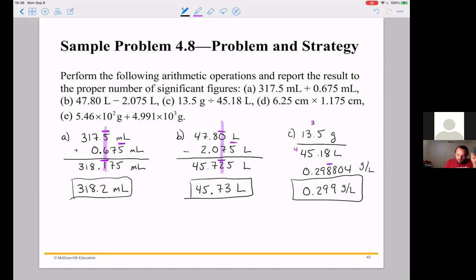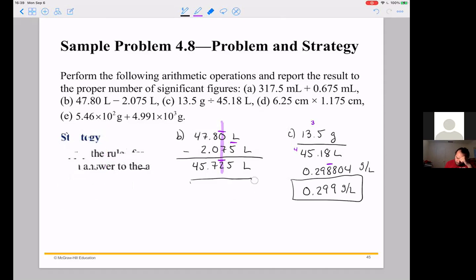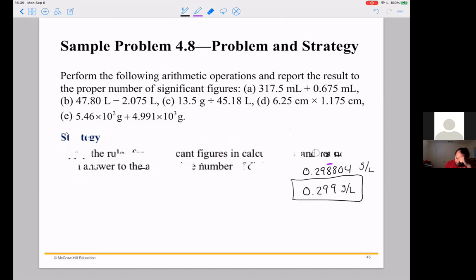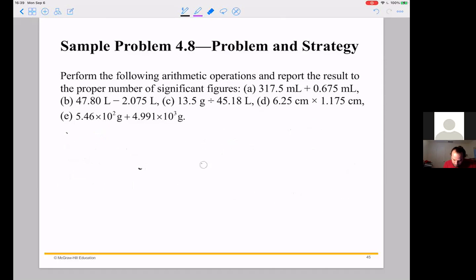Cool. All right. We'll do the last two. I'm going to actually erase to make some room here. D. Again, because this is multiplication, I don't have to worry about lining it up at the decimal.